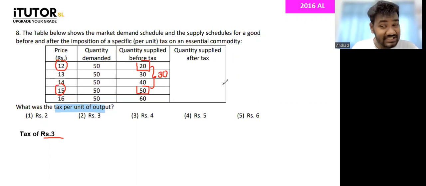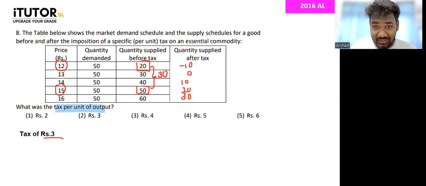What is the final step? To find the quantity supplied after, deduct the difference from the quantity supplied before. So the quantity supplied before is 20; if I deduct 30, I get minus 10. 30 deduct 30, 0. 40 deduct 30, 10. Here 20, here 30. That's how you find the quantity supplied after.